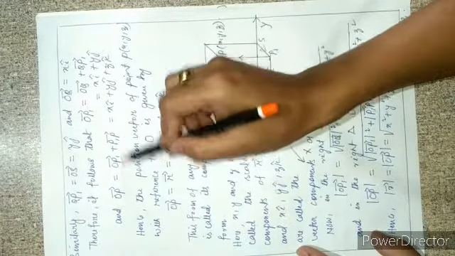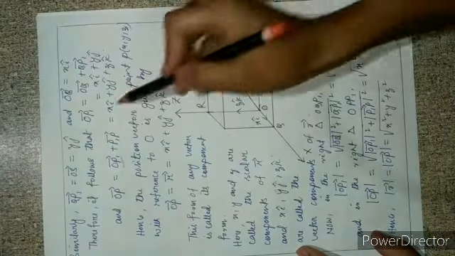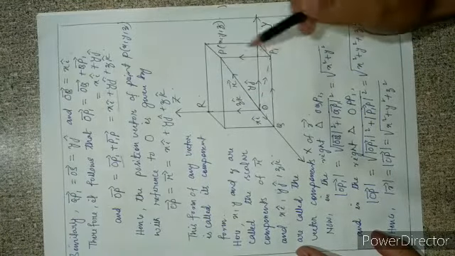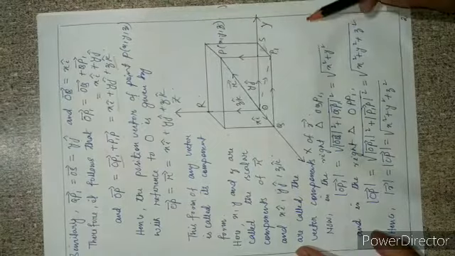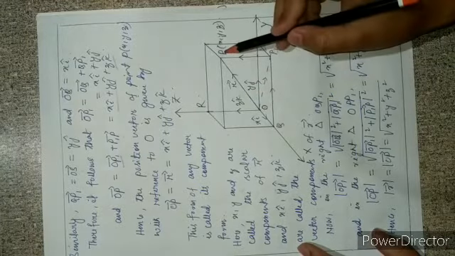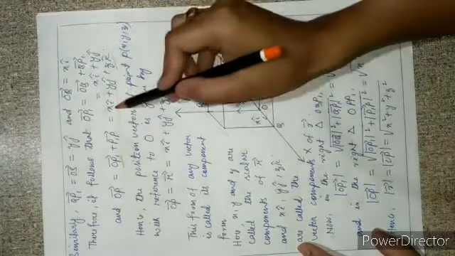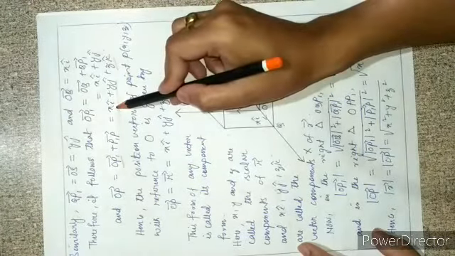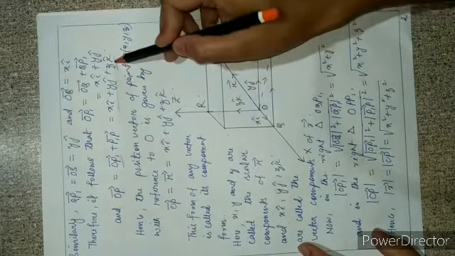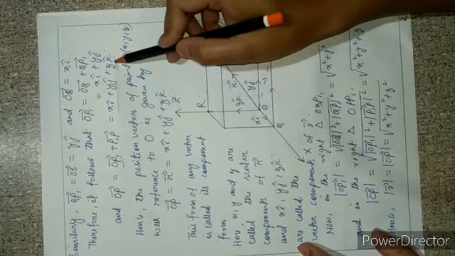OP1 vector is represented by x i cap plus y j cap, and P1P vector is represented by z k cap. Therefore this OP vector can be expressed as X coordinate multiplied by i cap, Y coordinate multiplied by j cap, and the Z coordinate multiplied by k cap.